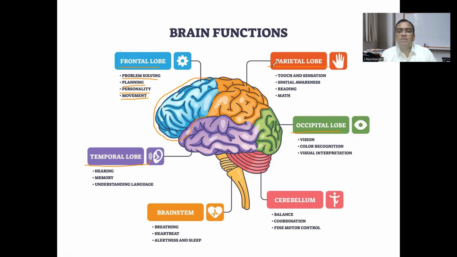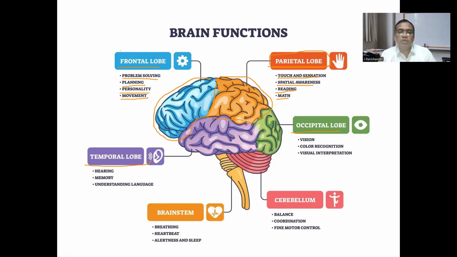Another lobe is the parietal lobe, which is used for touch and sensation, spatial awareness, reading, as well as some mathematical understanding.